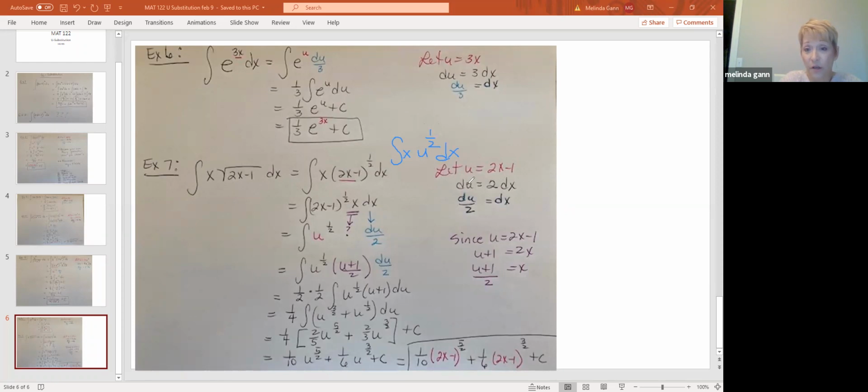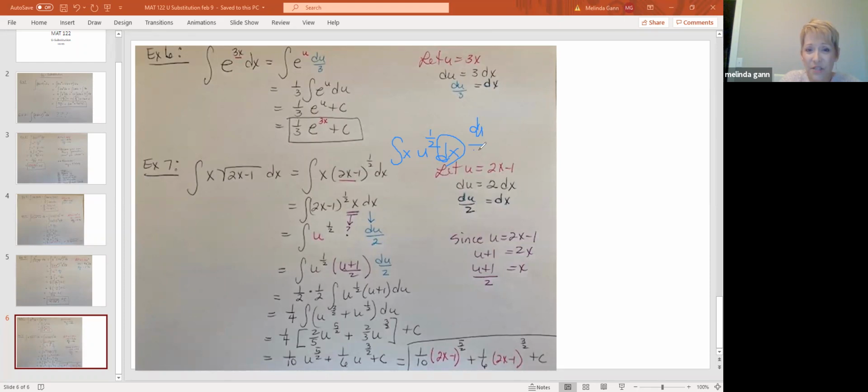The differential of u is the derivative, which is 2, and that's dx. Well, I don't have an x and a dx, I just have a 2 and a dx. So when I solve for dx, in place of dx I can put du over 2.